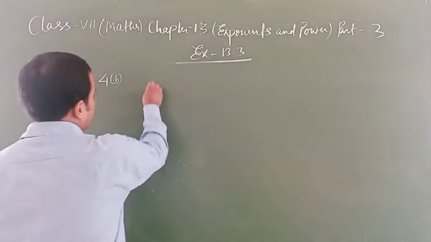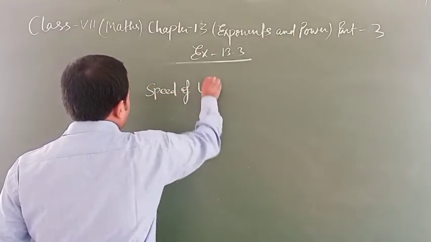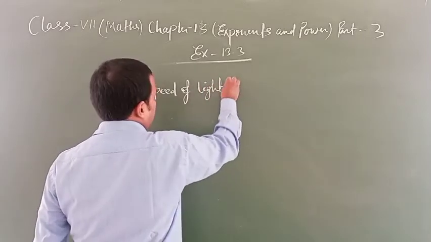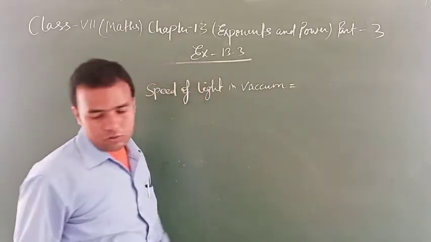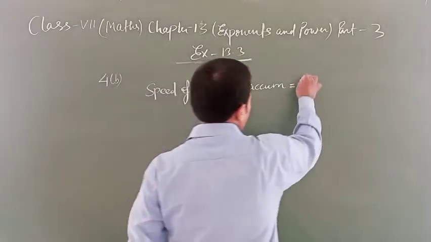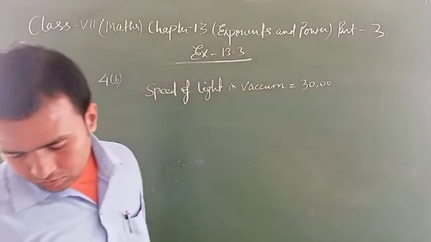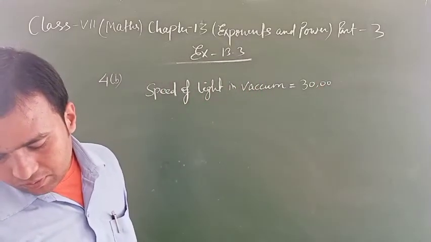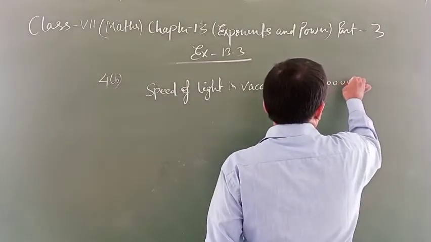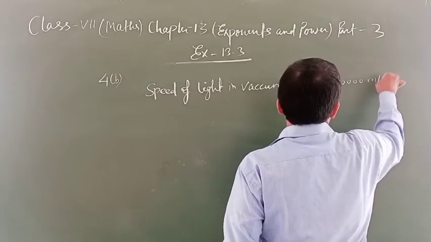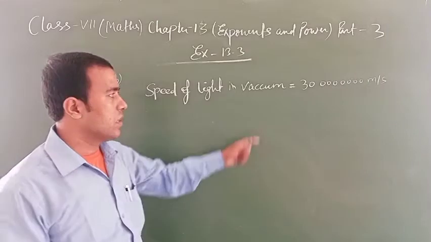Speed of light in vacuum equal to 30 crore, that is 1 2 3 4 5 6 7 8 places, meter per second.